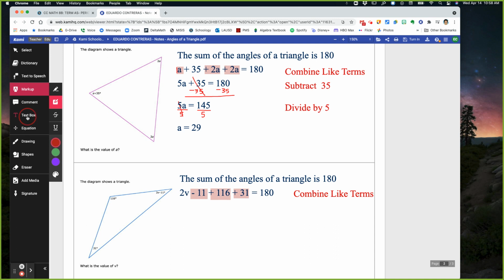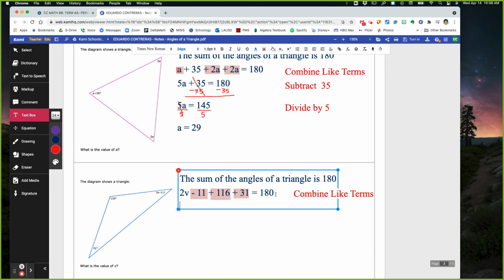So let's figure that out. So this is 2v, and it's going to be plus 136. I believe that's what I would get. 136.